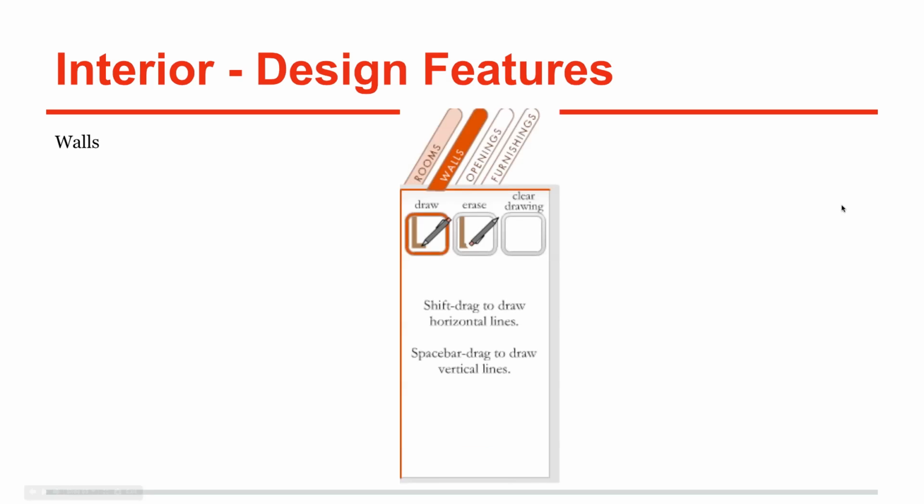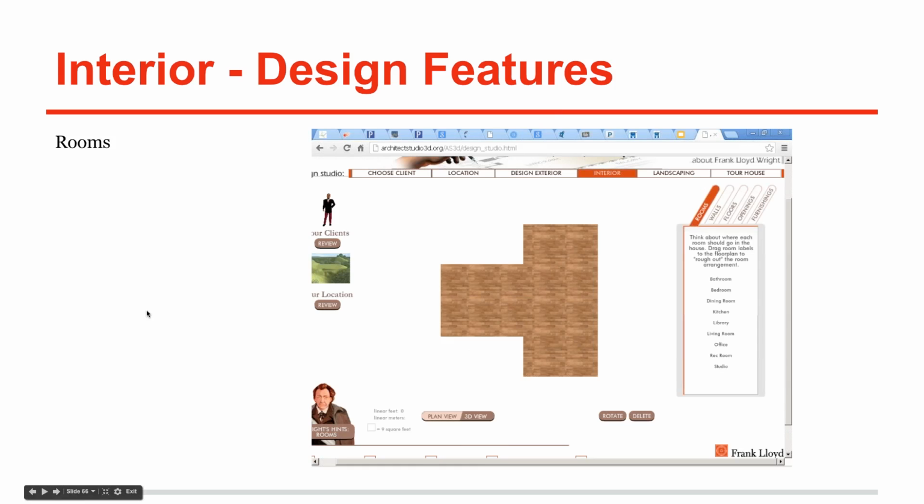To keep it from being crooked, using the shift button will help with that process. Secondly, you can clear your area or you can erase.